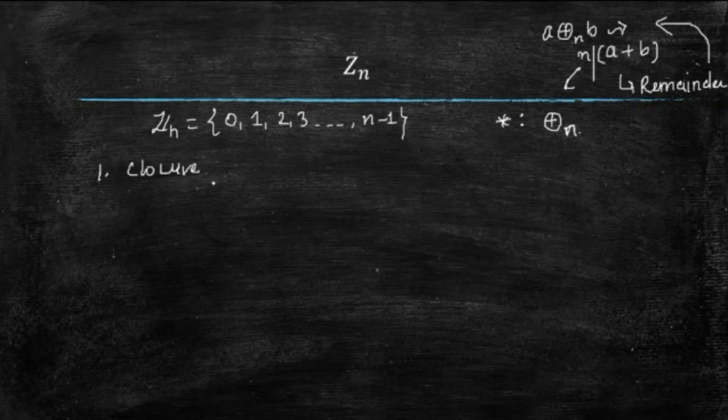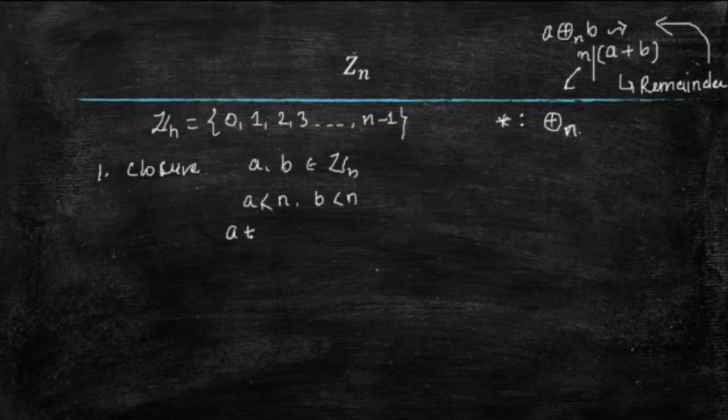So the closure property holds because whenever you add two numbers from Zn, suppose a and b in Zn, obviously a and b are strictly less than n.